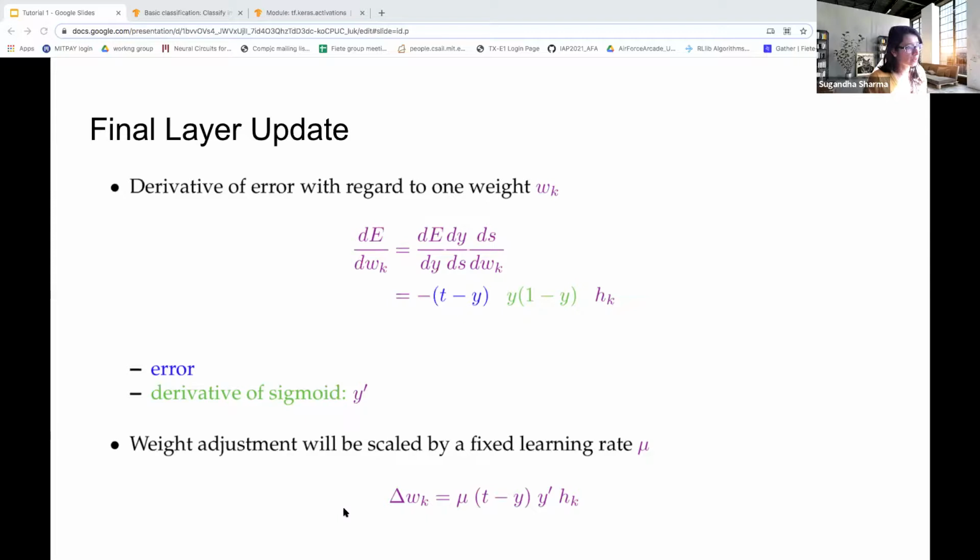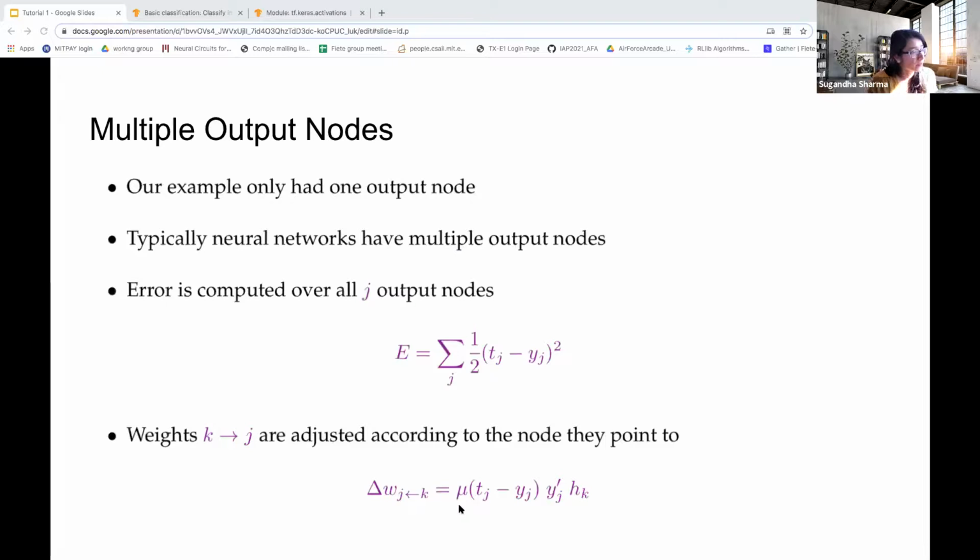Another thing which I should mention is that usually we also add this term called the learning rate, which will determine how quickly or how slowly we'll update these weights. So the change in weights is going to be your weight gradient times your learning rate. In this case, I was showing a network which had only one output.